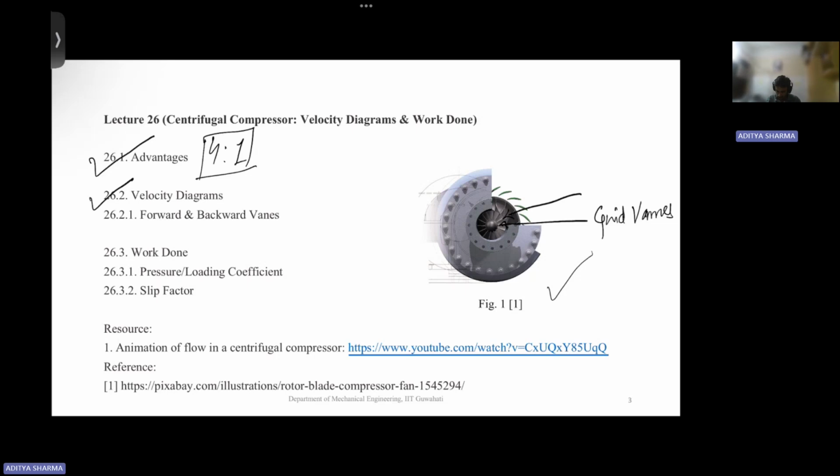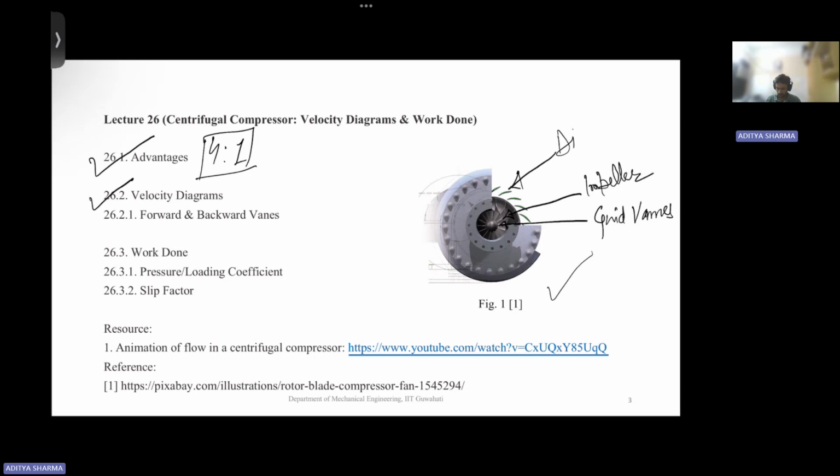And this part is your impeller, which basically is centrifuging the air, giving it pressure.